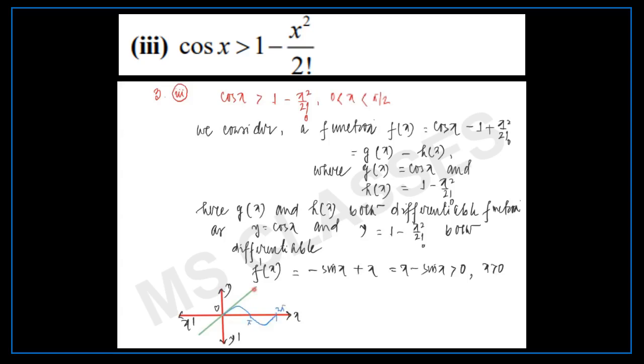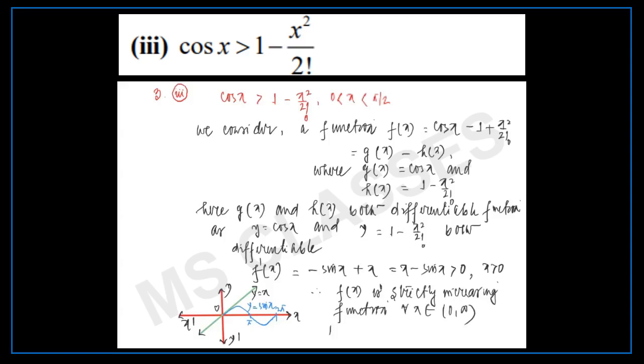So here you can understand that the line y equal to x is above the graph y equal to sin x. So you utilize that concept. Therefore, f(x) is strictly increasing function for all x belongs to 0, infinity.